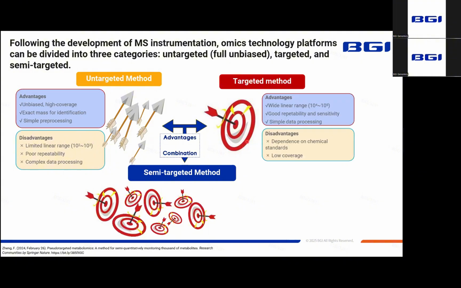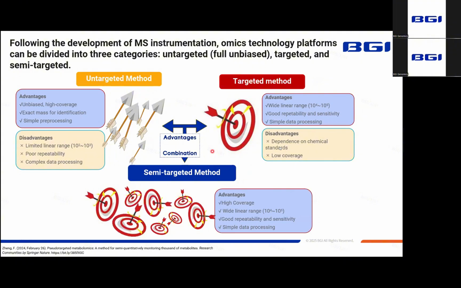Then targeted metabolomics is hypothesis driven and quantitative. We focus on specific metabolite groups, for example, amino acids or bile acids, quantified using isotope-labeled standards. High reproducibility and sensitivity make this approach perfect for clinical validation.